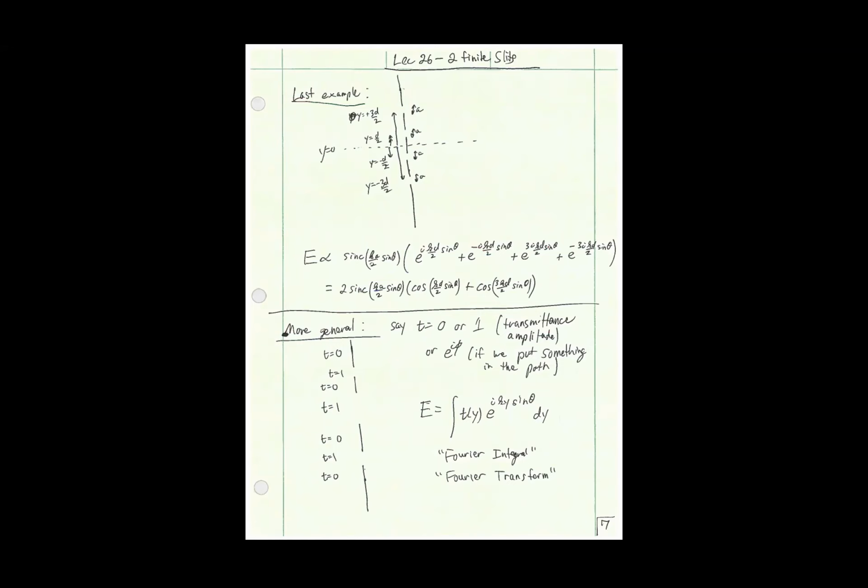Finally, there's an alternative way of doing this. I've been adding up so far the diffraction patterns of slits and taking advantage of the fact that if they're all the same size, then in each case we're multiplying by the same sinc function. But I don't have to add up a bunch of different integrals.